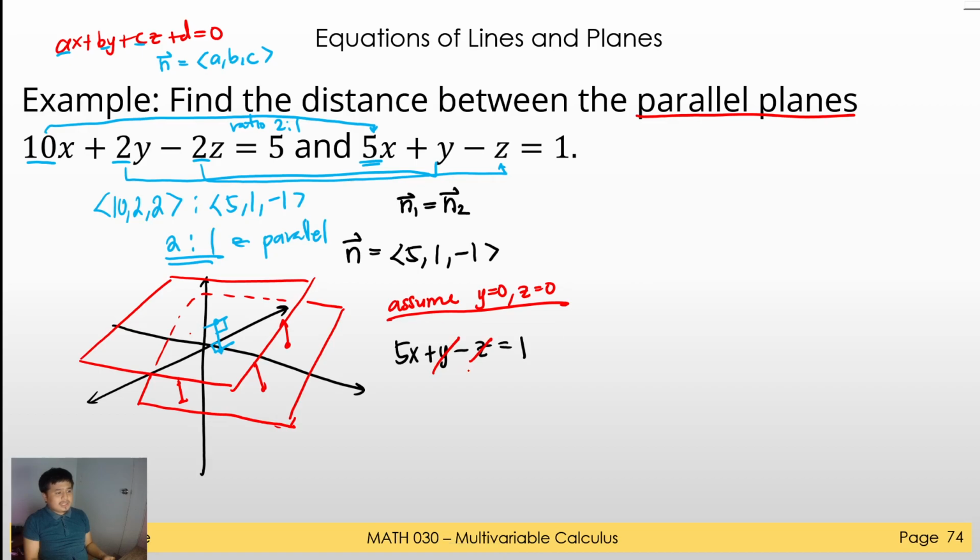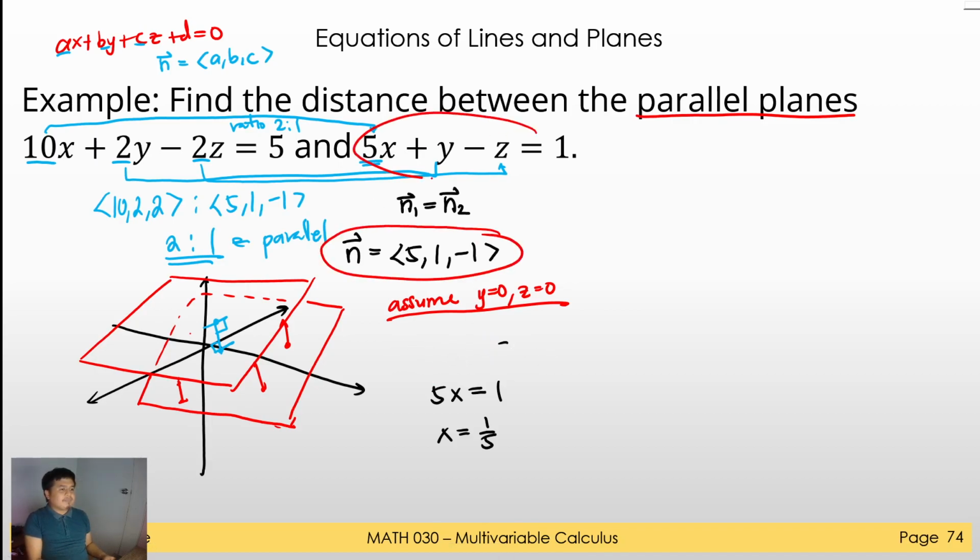So cancel y and z: 5x is equal to 1, therefore x is equal to 1/5. We have this point here, and this orthogonal vector. Actually, it should be the other way around. Sorry, if you choose this as your vector, you should choose this as your point.